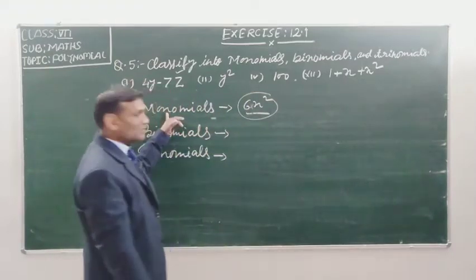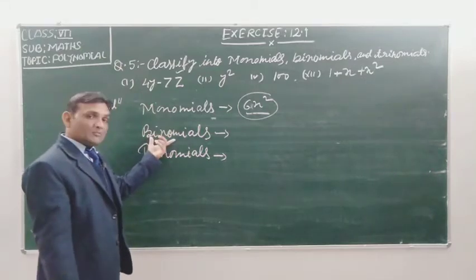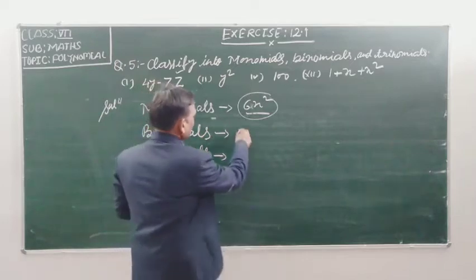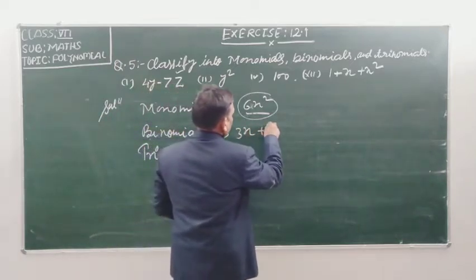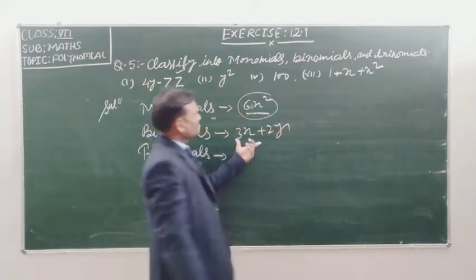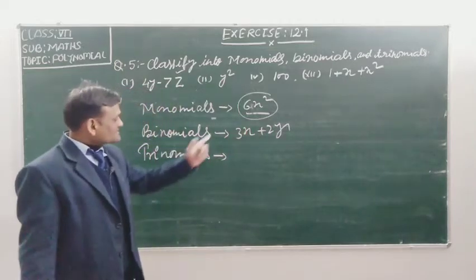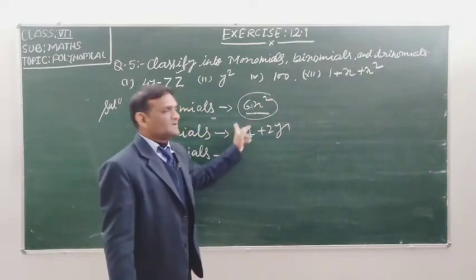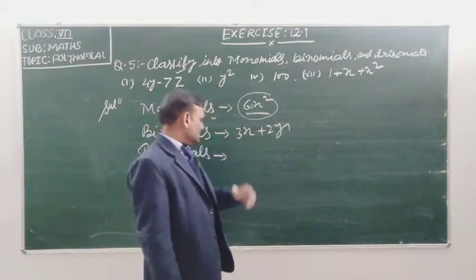So this is the monomials. And binomials, that expression which has two unlike terms, 3x plus 2y. It is a binomials. You will say it binomials.